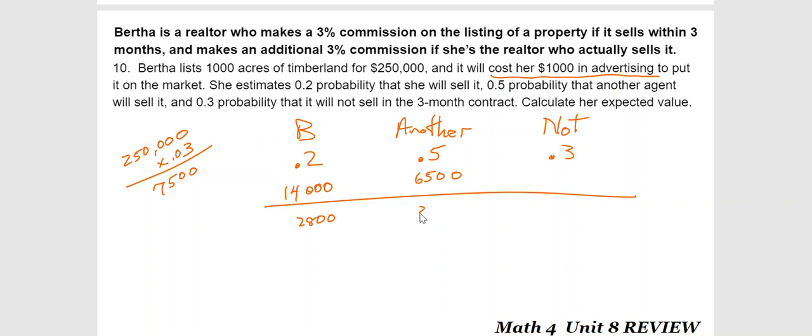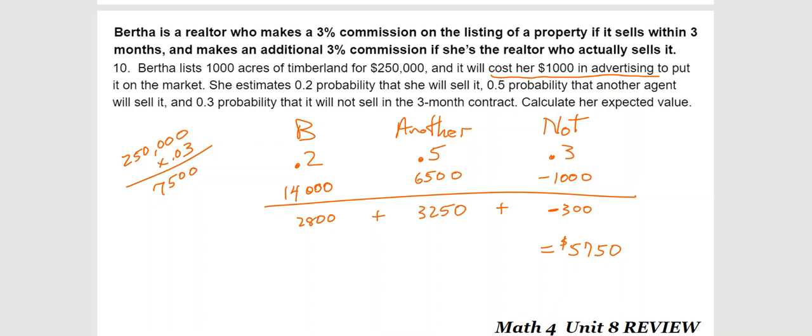And half of that is 3,250. And then if she doesn't sell it, she loses her 1,000 in advertising, which is negative 300 here. By the time we put those together, 2,800 plus 3,250 is 6,050, minus 300 is 5,750. And that is to the good.